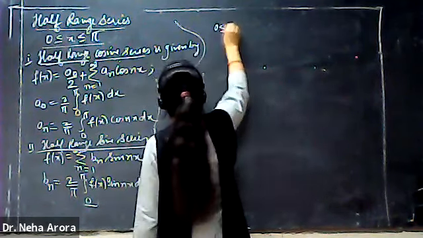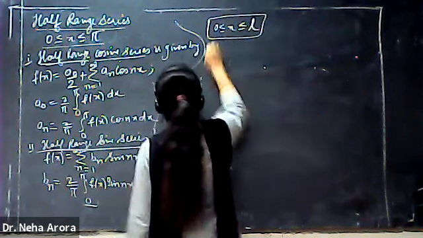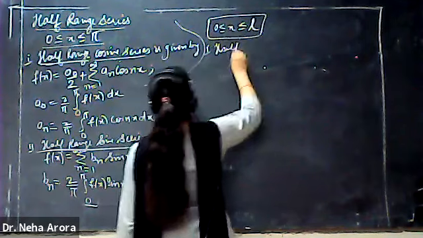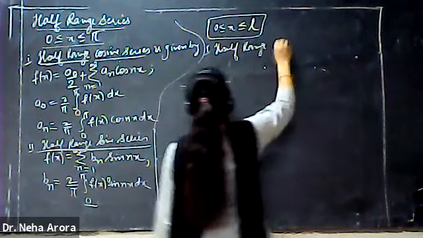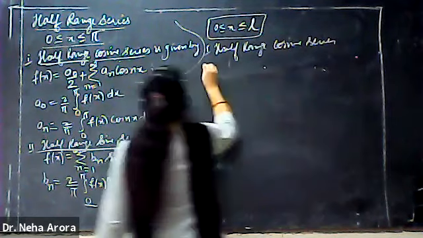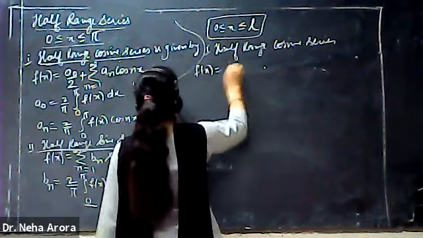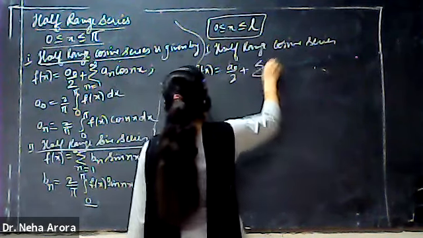In the same way, we can expand the Fourier series in the interval where the limit is constant, that means from 0 to L, half range. So, firstly we can write down half range cosine series is given by f(x), the same series will continue, a naught by 2 plus summation a_n.